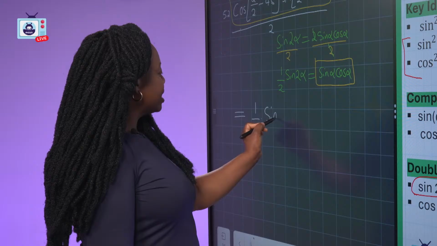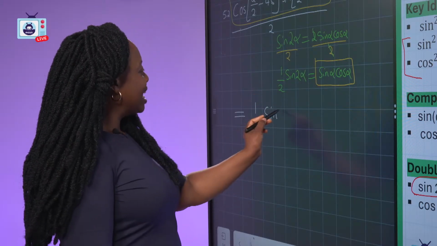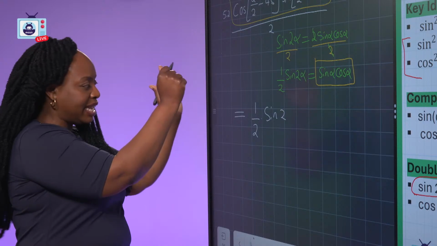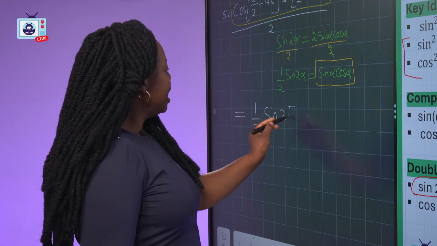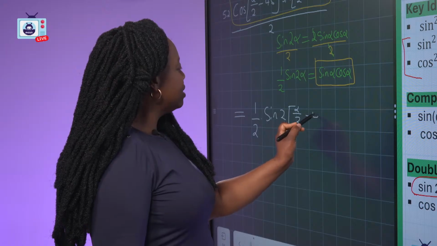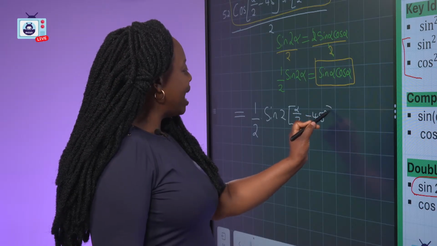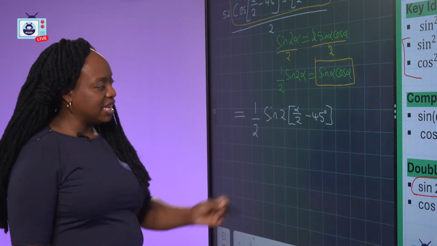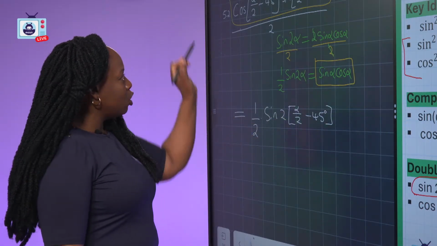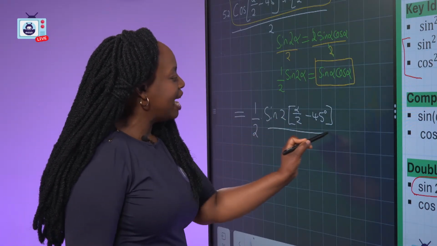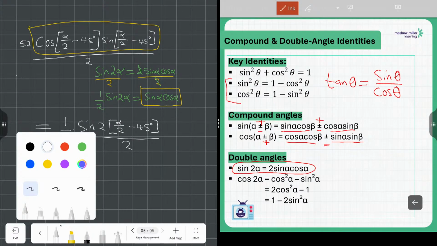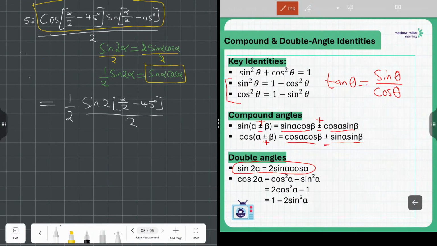Look at where sine is coming from. Then instead of me writing alpha, my alpha will become the whole bracket. So that is alpha divided by 2 minus 45. That is my angle, which I'm replacing the alpha with. But all of this, according to the statement, was divided by 2. I hope you guys can capture that part. All of this was divided by 2.